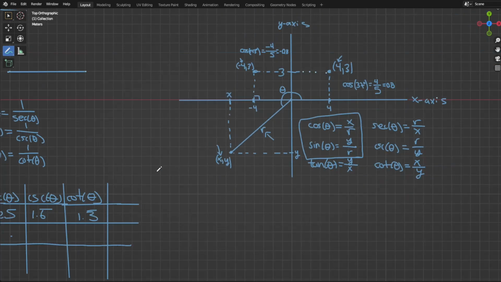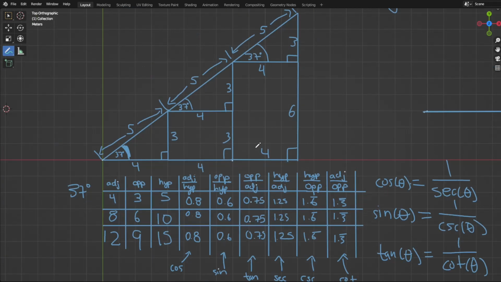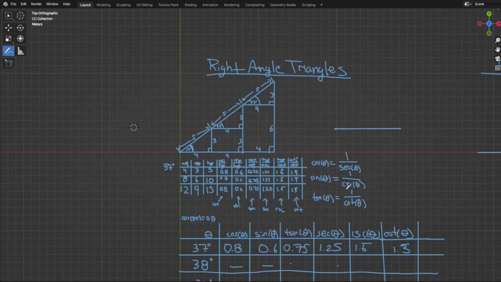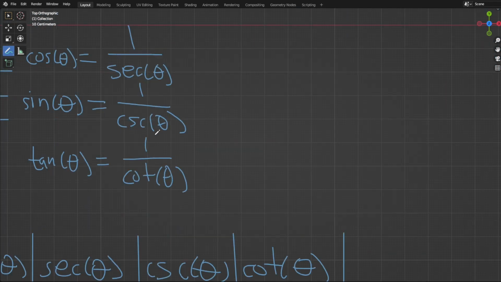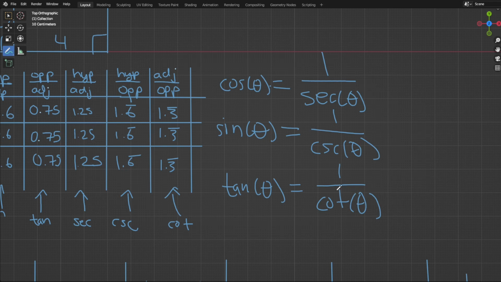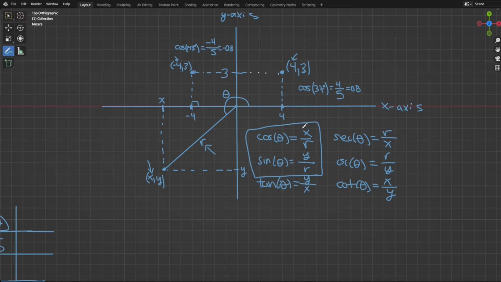Which isn't really the case for the right angle triangle definitions, because as long as you have a legit right angle triangle, a lot of this stuff isn't going to be 0 and you don't have to worry about it. And they have a nice equivalency where pretty much all the values are defined, whereas this stuff doesn't really.